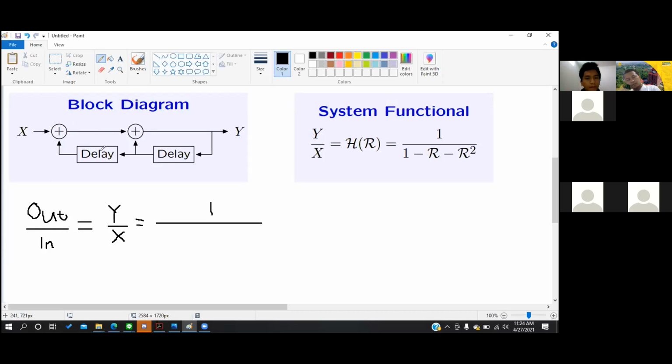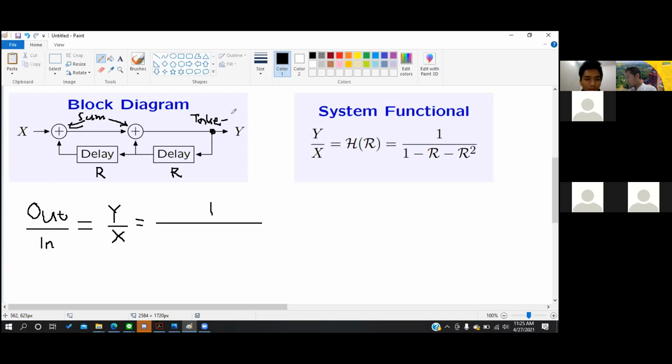So in system functions, a delay is represented by the letter R. So here's an R, and here is an R. And in this block diagram, we know that this is a summing point, and this is as well a summing point. And this point right here is called a takeoff point. So what does it mean? Takeoff points, as we know, like airplanes take off and all that stuff.